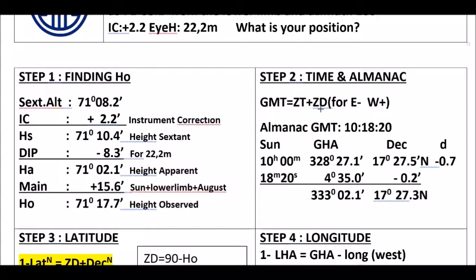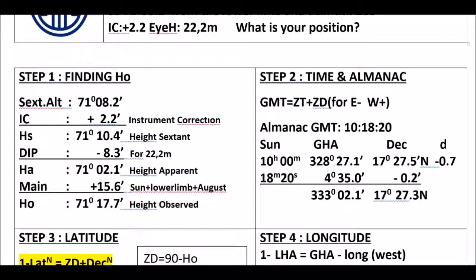You can apply zone description to your zone time. If you are at east longitudes, you have to deduct. If you are in west longitudes, you have to add to your zone time in order to find what the GMT is at your observation time.